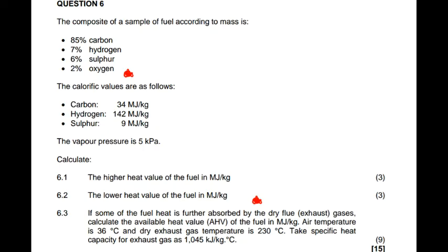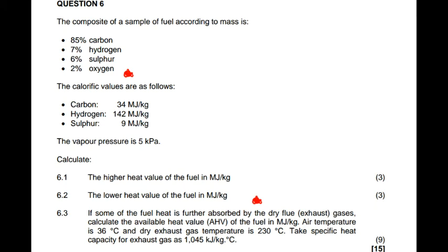And then they say air temperature is 36 degrees Celsius and dry exhaust gas temperature is 230 degrees. Take specific heat capacity for exhaust gases as 1.045 kilojoules per kg.